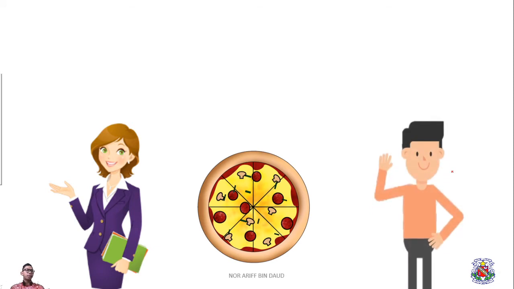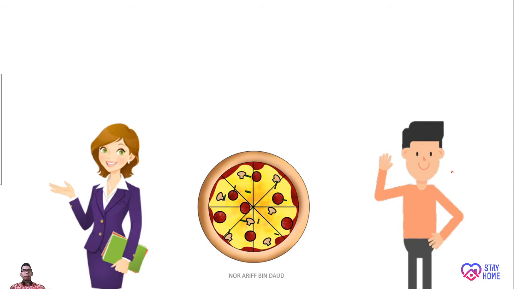Tommy also likes to eat pizza, but Tommy also cannot eat a whole pizza. So Sarah decides to cut the pizza equally and give one part to her brother Tommy.